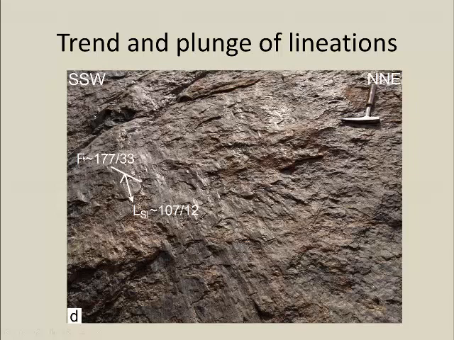And with a compass we can measure a horizontal line, the strike line on that surface. This would be this direction here, and here this would be the dip line of the fault plane. So here are two ends of a strike line, this is the dip line, and what we have recorded here is the dip direction, 177 degrees.